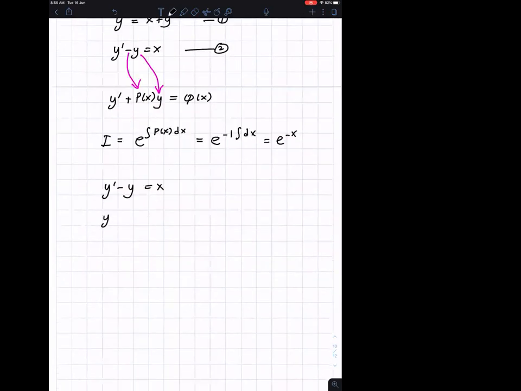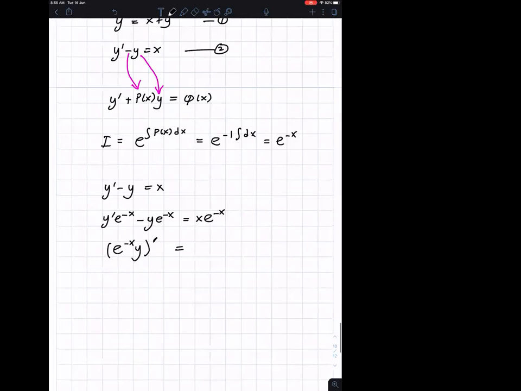So you're going to get y prime e to the minus x minus y e to the minus x equals x e to the minus x. So this is going to be e to the minus x y prime. I'm assuming you know all this. If you don't know all this, you can ask me to elaborate, or you can do your own research.